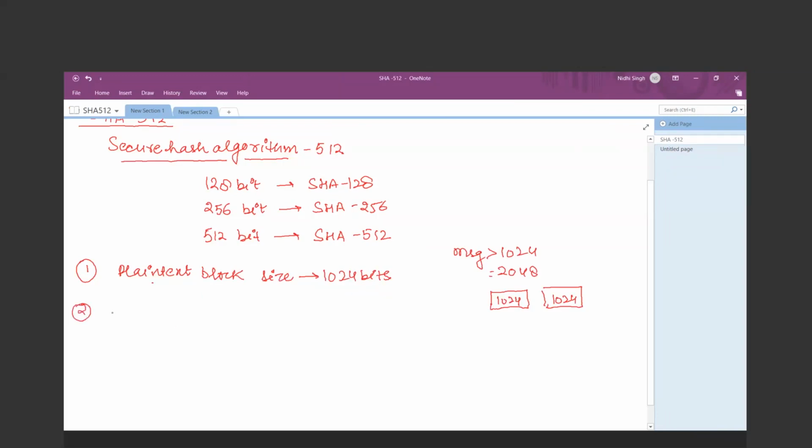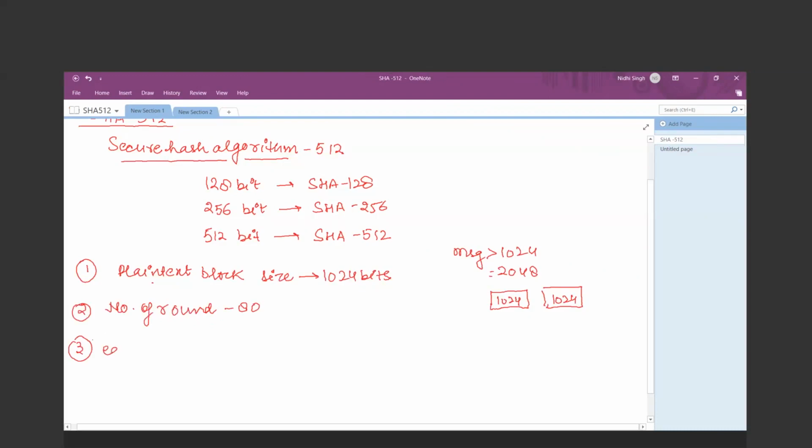So that's why I stated the plain text block size is 1024 bits. Now the second one is the number of rounds. There are a total of 80 rounds, and each round has a different set of operations. What are those operations? We will see. When one round is finished, what is the outcome?